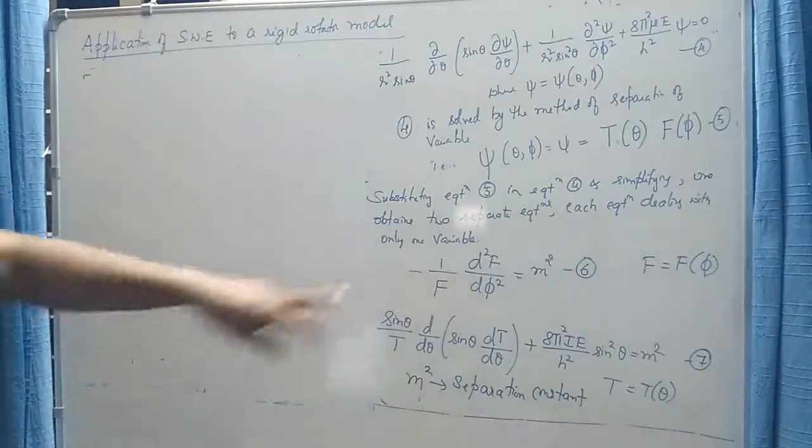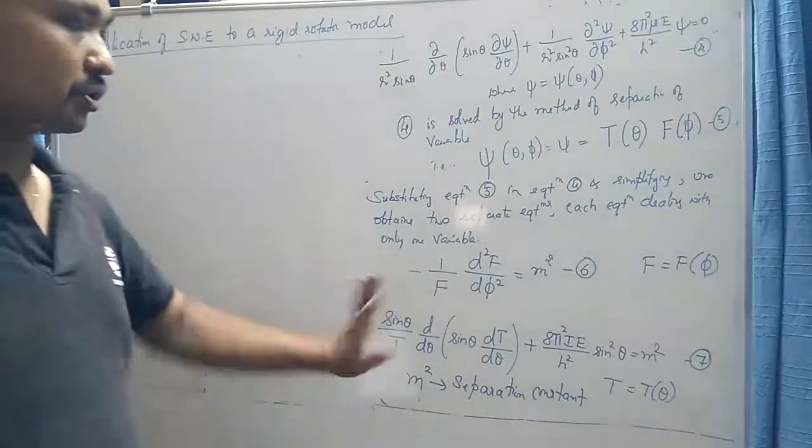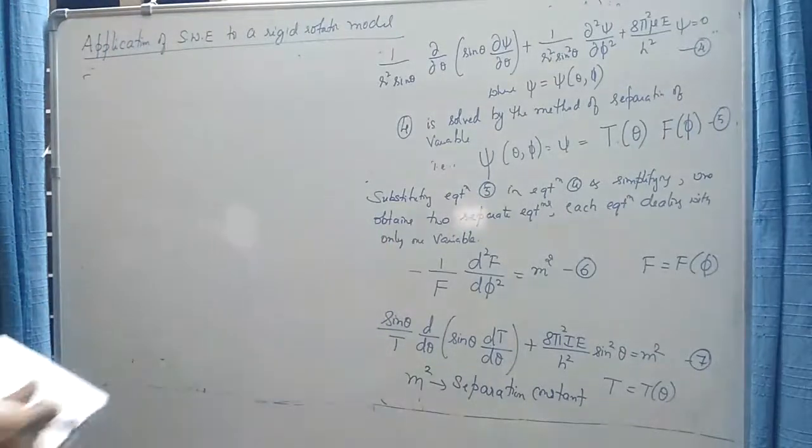Now let us try to solve these differential equations. Again, we will skip the mathematical details of how to solve them. They can be solved by simple mathematical steps or methods, which we will skip.